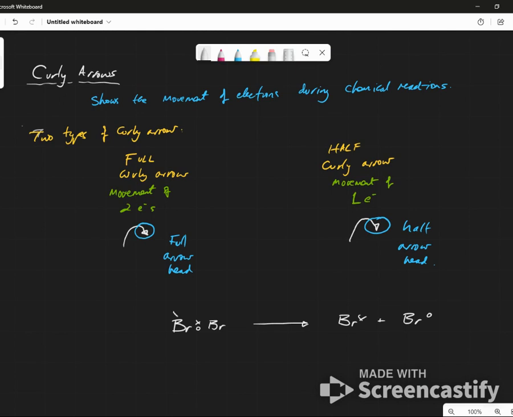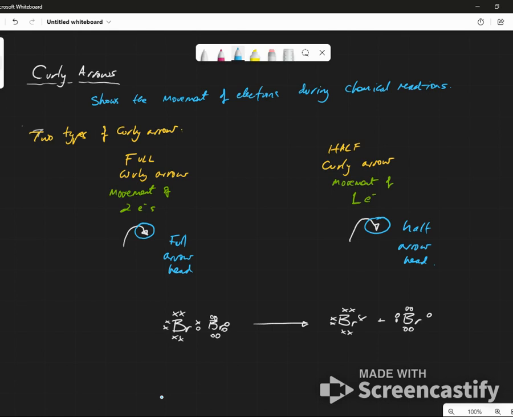Let me put all the other electrons in. Here we go. All right, so we get X, X, X, X, X, X, and O, O, O, O, O, O. All right, now there's the equation we did earlier, and now let's use my curly arrow.